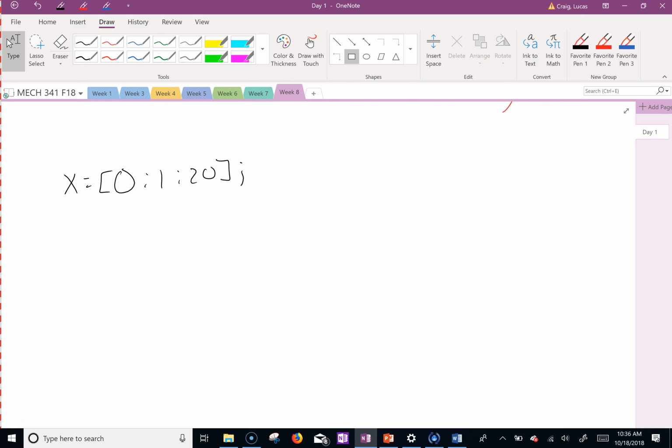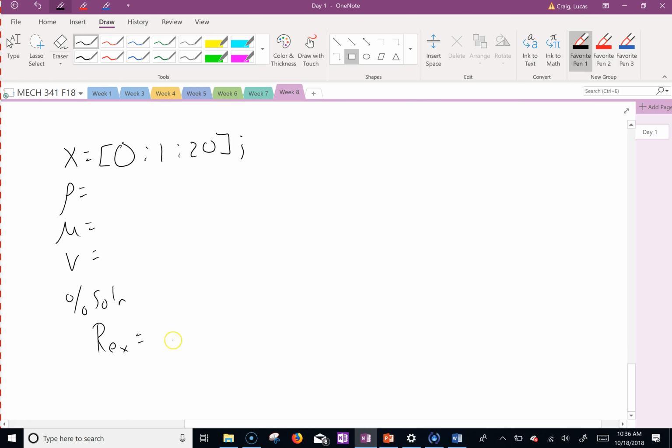Now what do we need? We need to define density, mu, v. Then under your solution, you're going to find a Reynolds number, which is rho v x divided by mu.